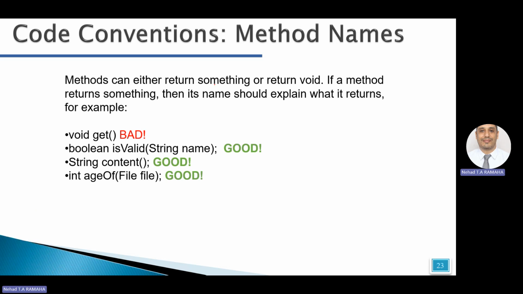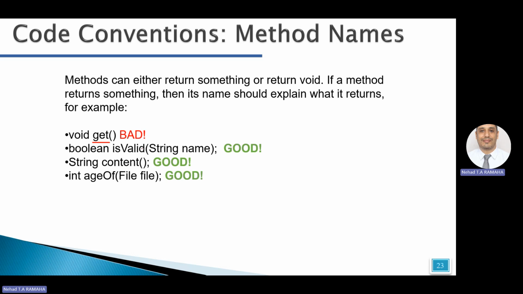About some practice of naming. Okay, here it's a bad name. Why? Void get. Get what? That's the issue. It doesn't have any meaning. Get name, okay. Get address, okay. But get what?